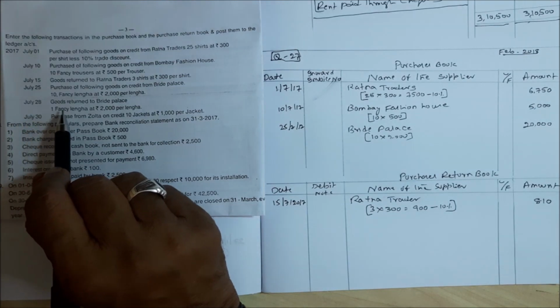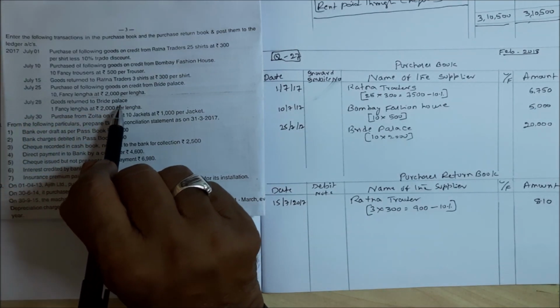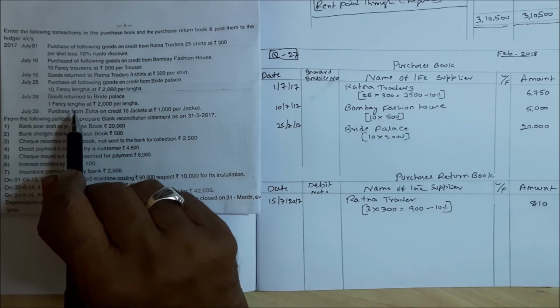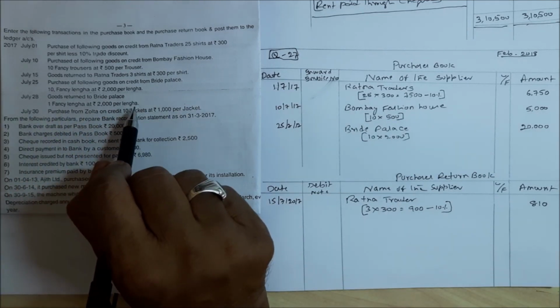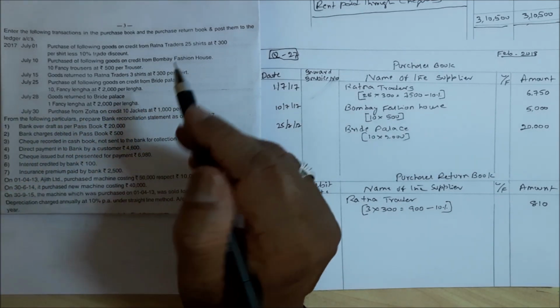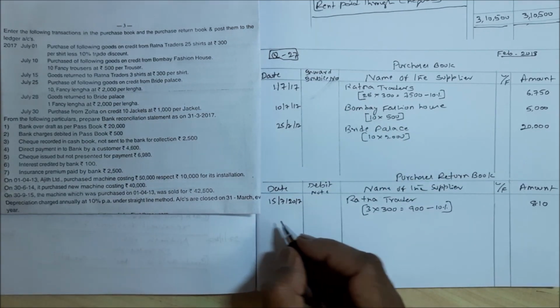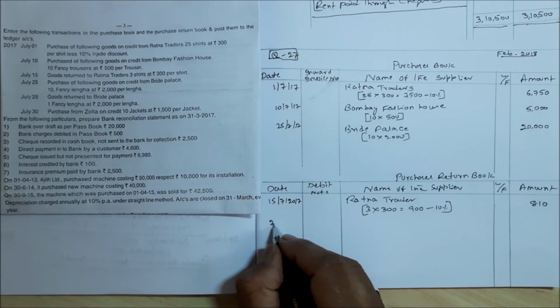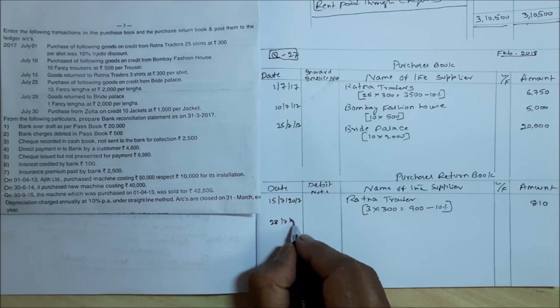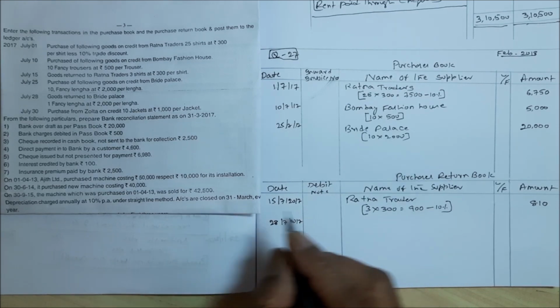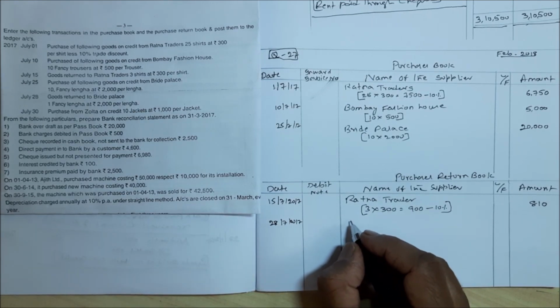28th July, goods returned to Bride Palace, 1 fancy lehenga at 2,000. That means one piece was defective or something else. So 28/7/2017, to whom?